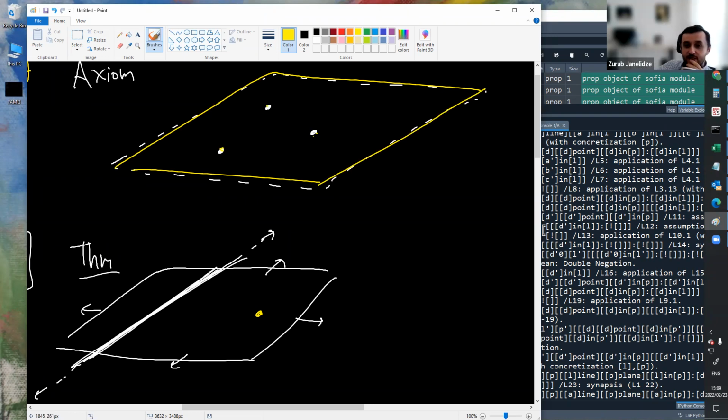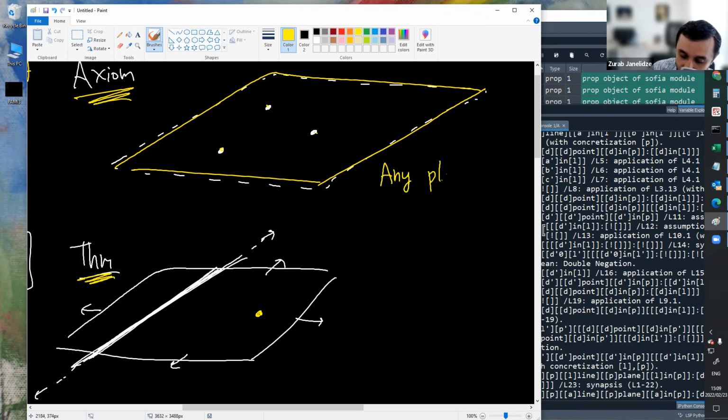Now, do you see, intuitively at least, would you be able to explain, if we believe this axiom to be true, how we can derive from it the theorem? Do you see that? So let's write the statements down.